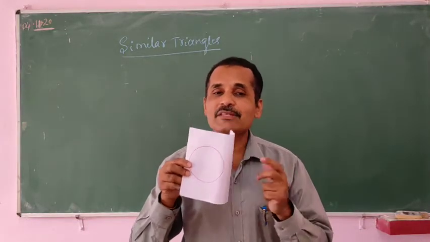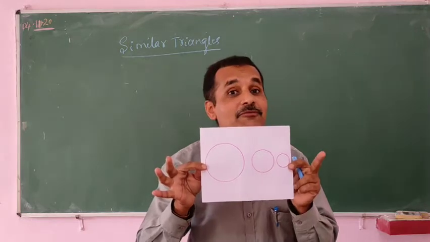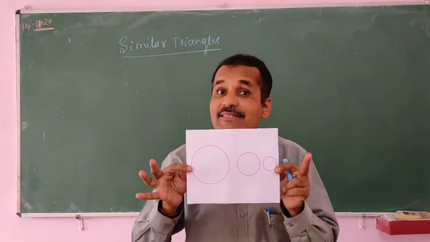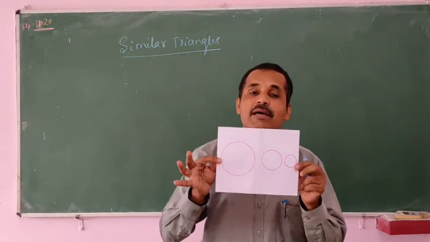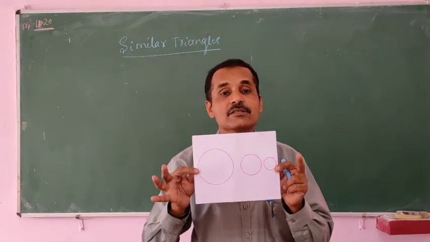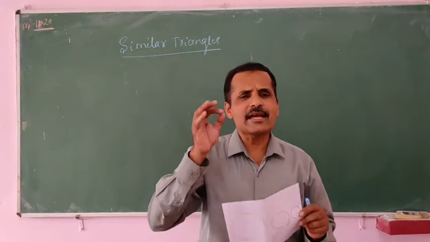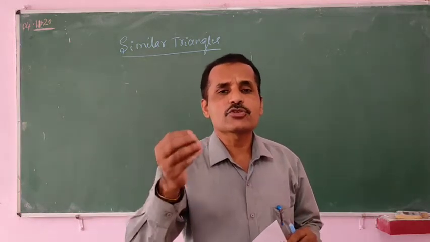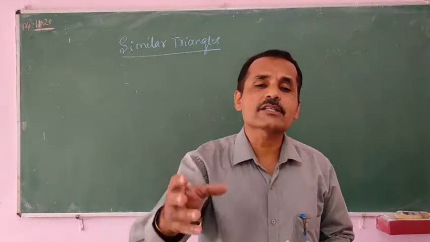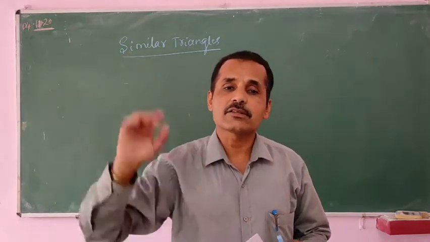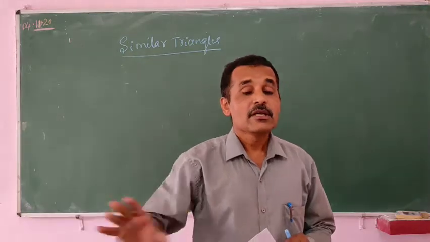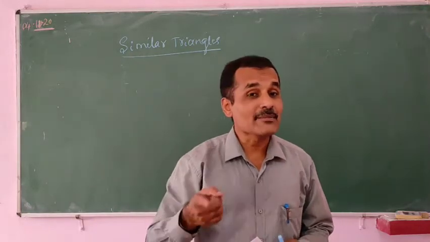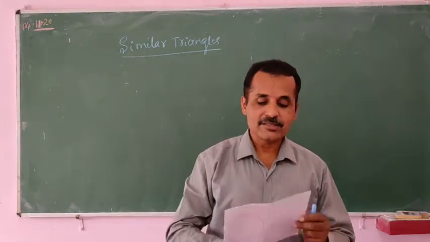But now they are the same in shape, but different in size. We can call them similar circles. Any 2 circles, whatever the radius may be, we can call them similar circles.